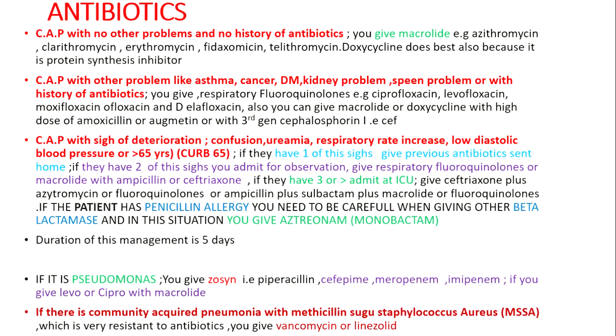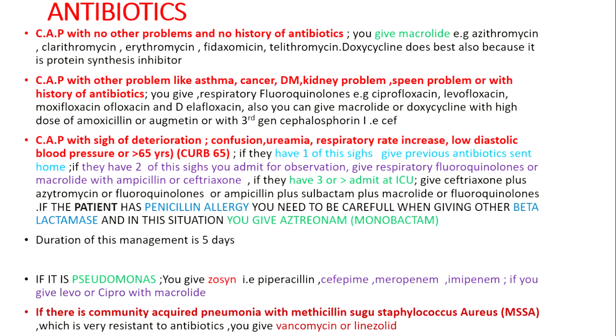It's an extended beta lactamase. So you give Zosyn if they have a Pseudomonas, or you can give cefepime, or you can give meropenem, imipenem. These are a class of antibiotics which are very strong, and they are called carbapenems. So carbapenems, we have meropenem, imipenem. So you can give also.